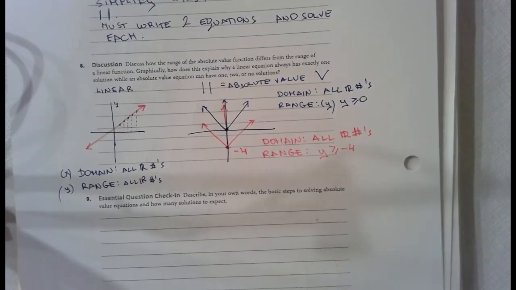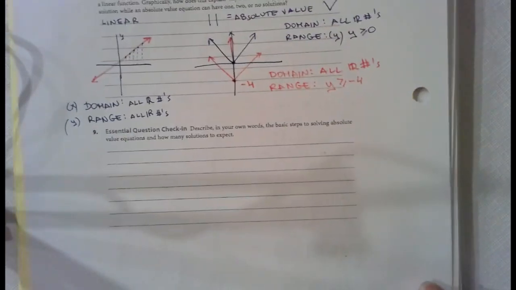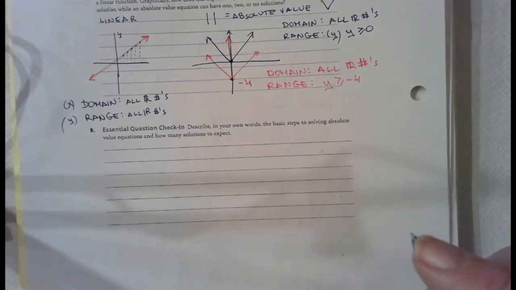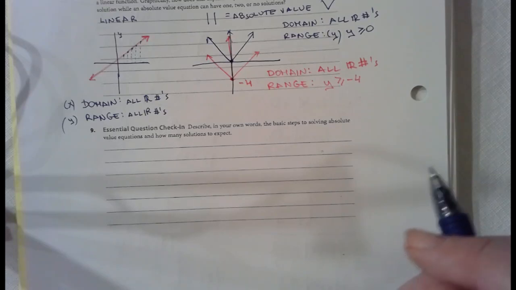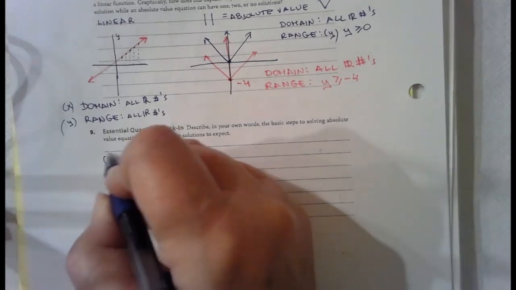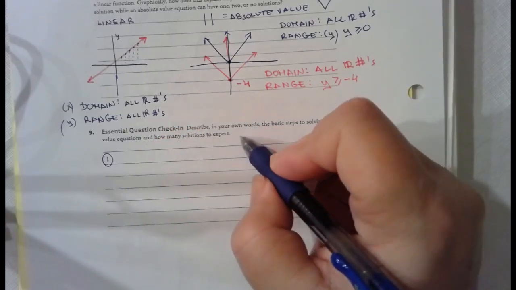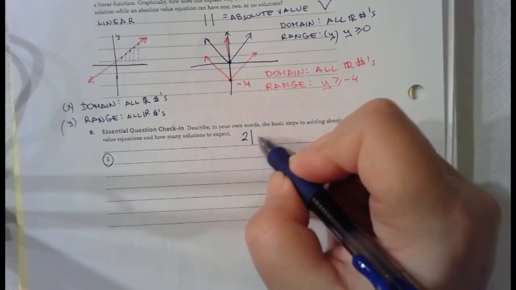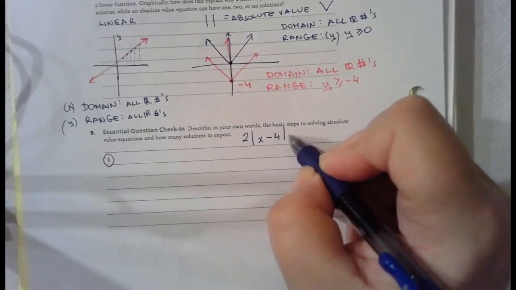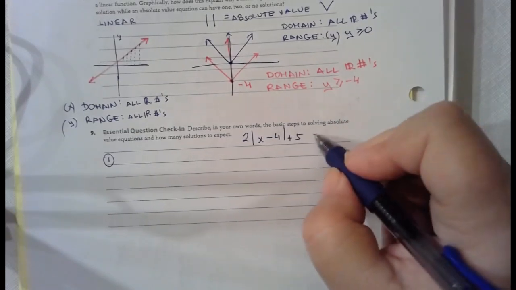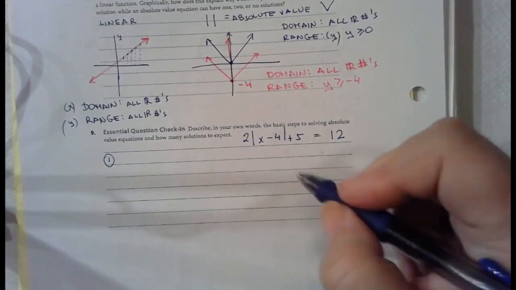And the last thing, we are going to describe the steps again. So the first thing is to describe in your own words the basic steps to solve absolute value equation. So the first thing is we always want to, so if I have the equation |2x - 4| + 5 = 12, I'm going to go over the steps.